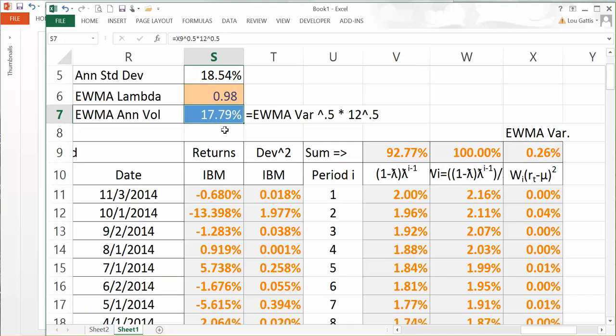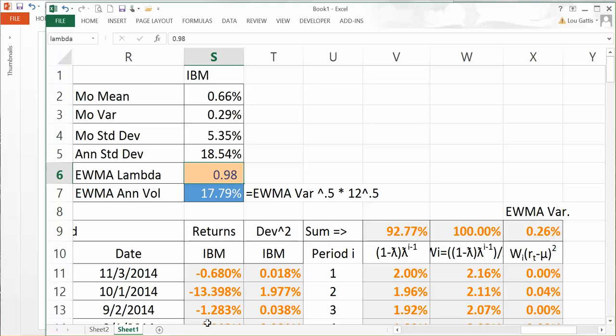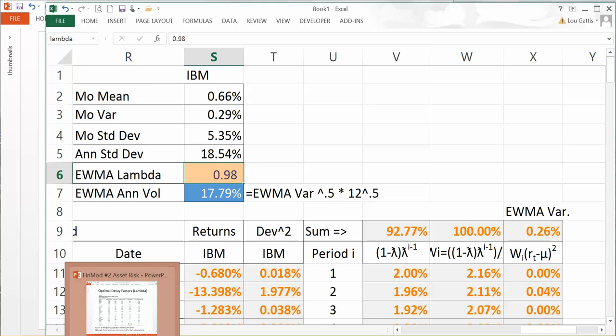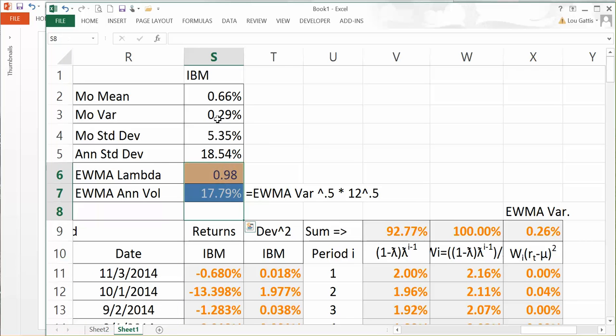That's, I assume, how it's done, and that is 0.98. We're not going to worry about how to calculate it for now. We're just going to be exposed to what that is.